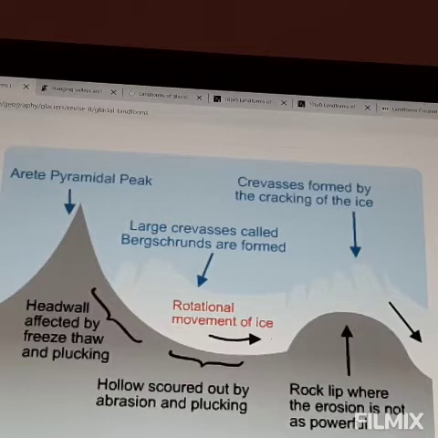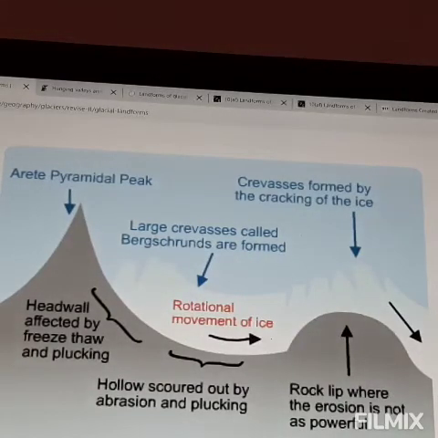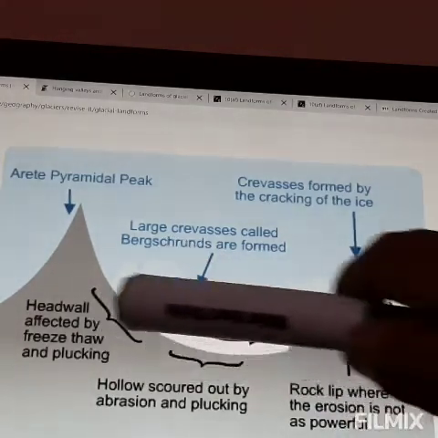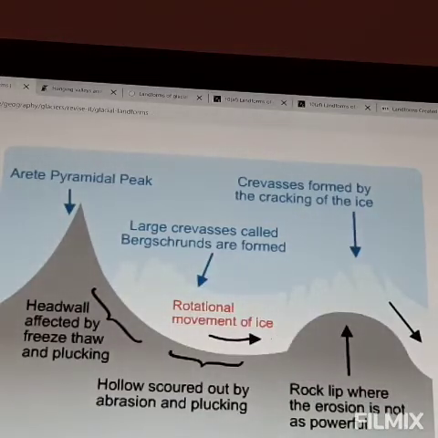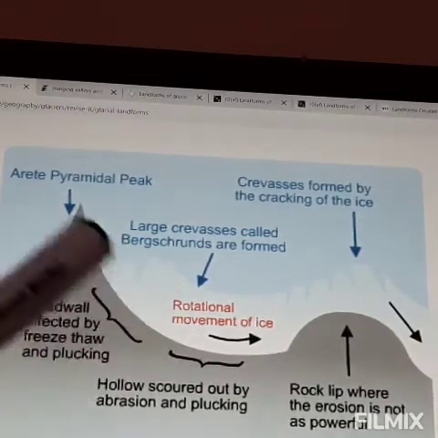Here you find the pyramidal peak. The rotational movement of ice. Large crevasses, you can find the continuous formation of crevasses which are called bergschrunds. This is the erosive action, the hollow scoured out by abrasion and plucking, because of freeze-thaw and plucking.